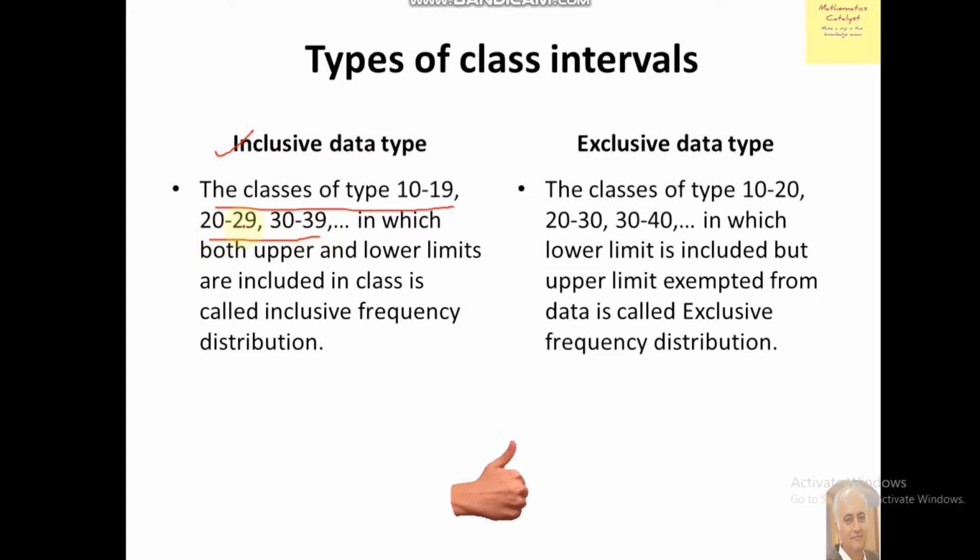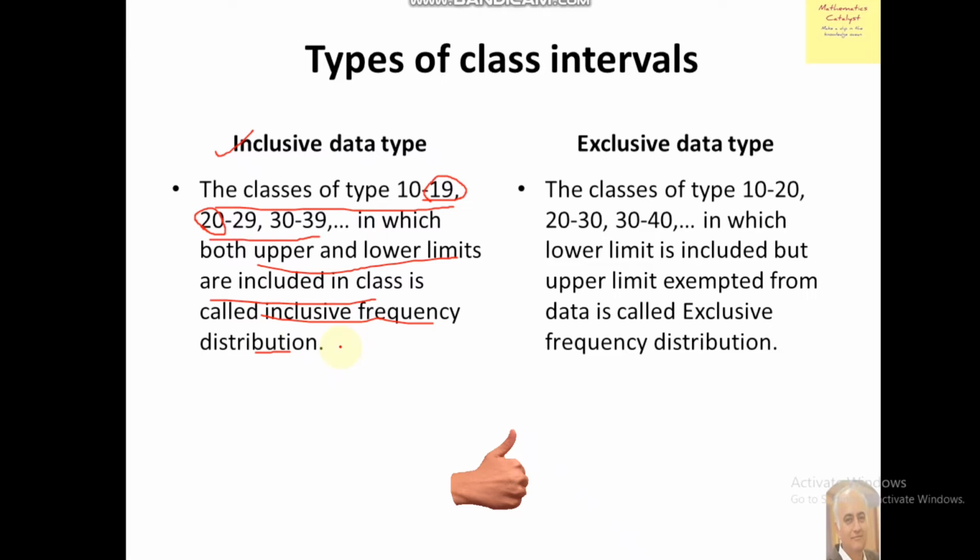You can see here the upper limit of the first class is 19 and the lower limit of the next class is 20, right? So whenever you take the second class, its lower limit is different from the upper limit of the previous class, right? Such kind of data is called inclusive data type, in which both upper and lower limits are included in the class, called the inclusive frequency distribution.